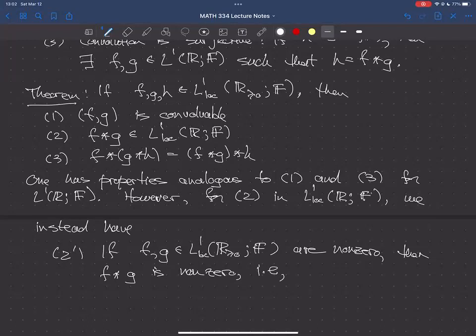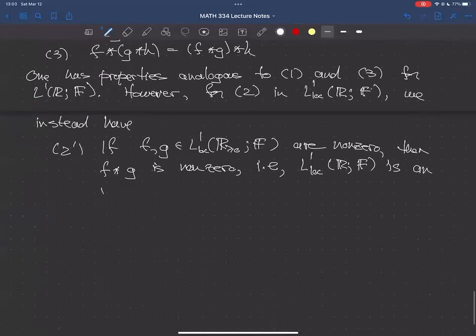I.e., L1 loc is an integral domain, as opposed to L1, which is not, with the convolution product.